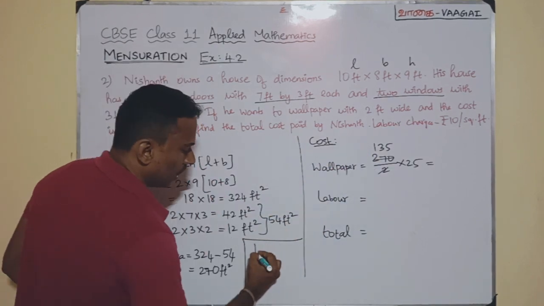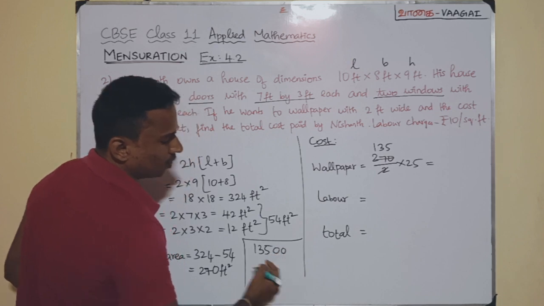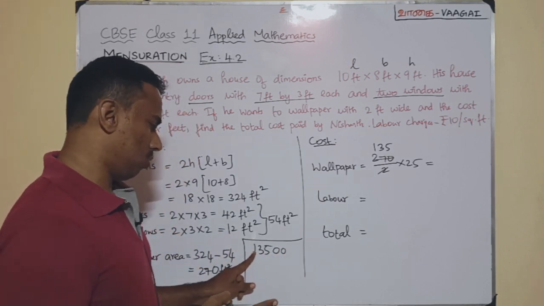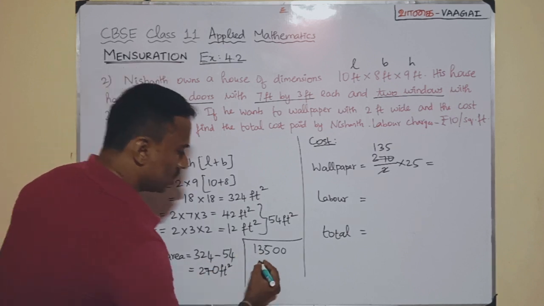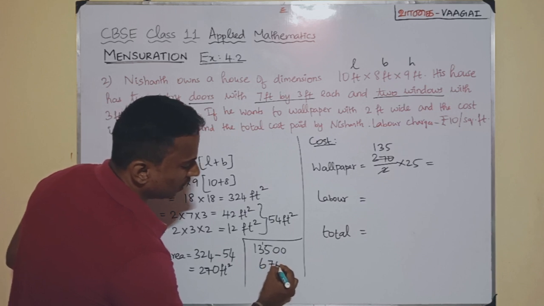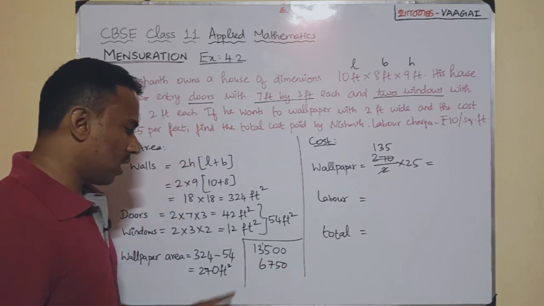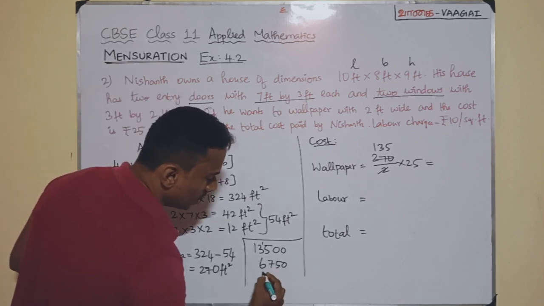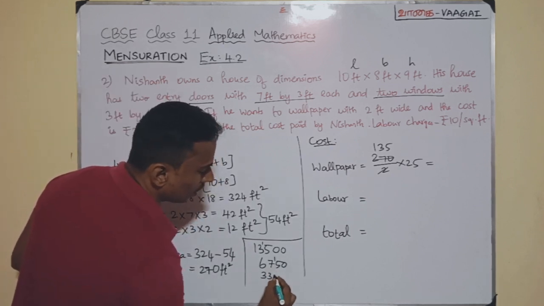Let me do a small thing. I will take 13500 because this is 135 into 100. That's what will give you 13500. Now half of this will be what? Half of this will be 6, then I have one carry, so I will have 750. Again calculate half of this one. This is 67, so 67 means 33, again 175.